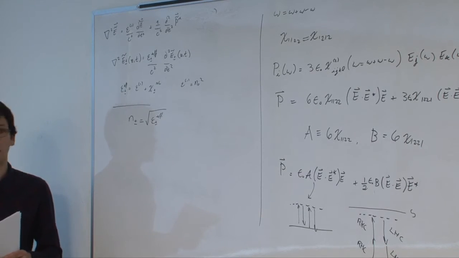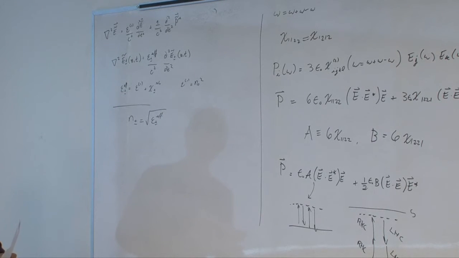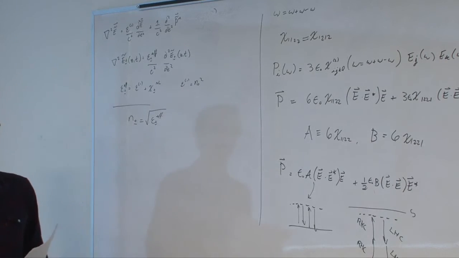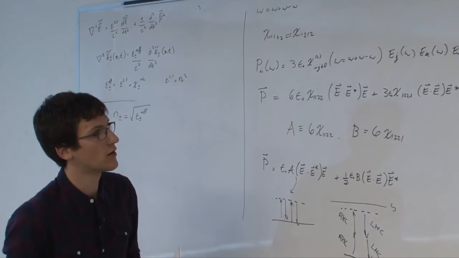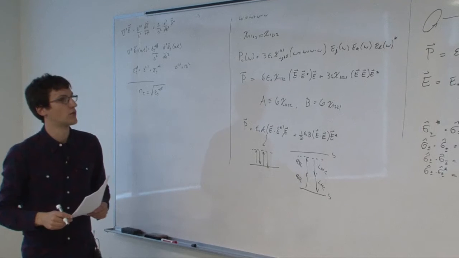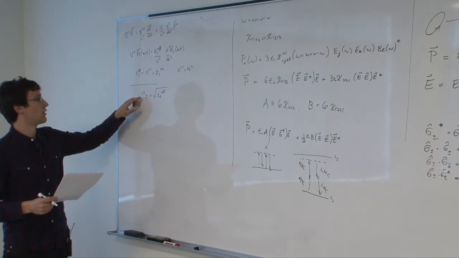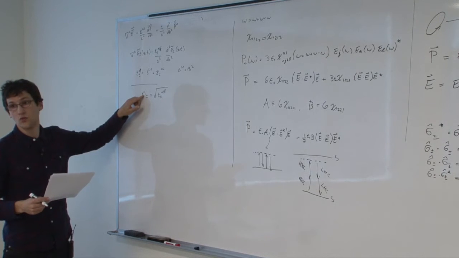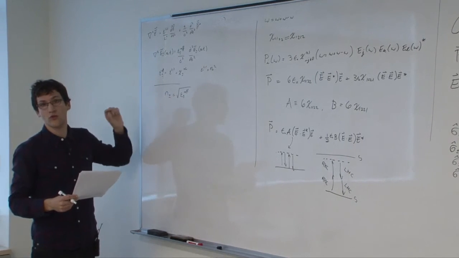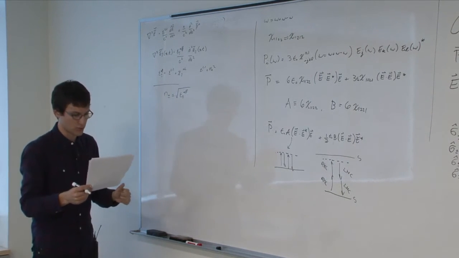So we just found, and this is not too surprising, but at the same time a bit counterintuitive, that we have a refractive index for the plus polarization and a different refractive index for the minus polarization.